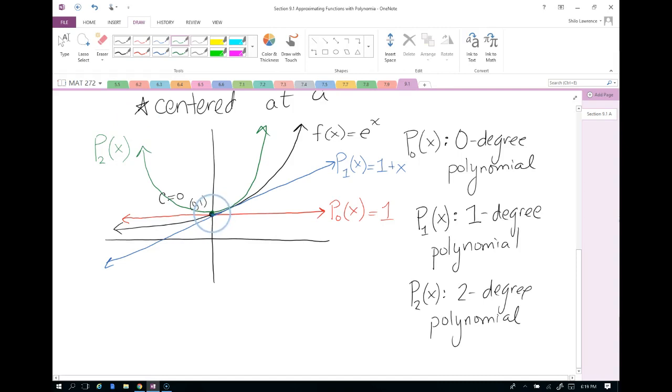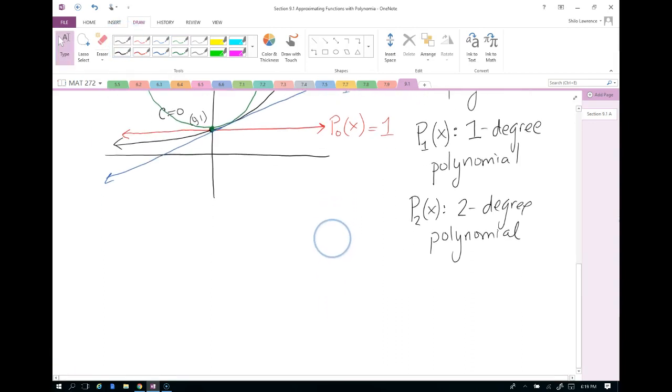So in general, the farther you go out with your polynomial, the better the approximation that you're going to have for the original function that you're using. So the formula that we use to find these, so that's not just a guessing game, is called a Taylor polynomial.